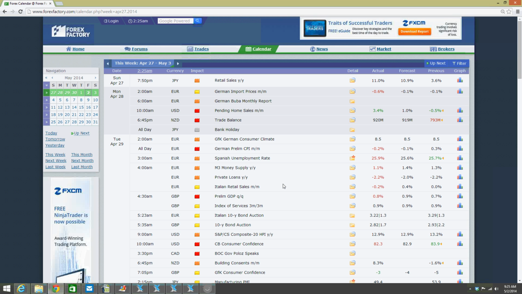Anything in between, like the CPI here, or the GDP, or the pending home sales, or the trade balance, is just preparation, or the market trying to interpret what is happening on the economic side, and what the central bank is going to do by the time they meet and establish the monetary policy.